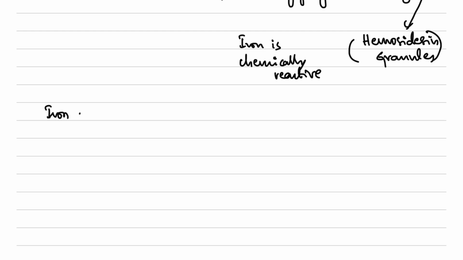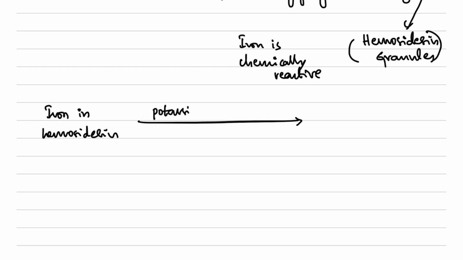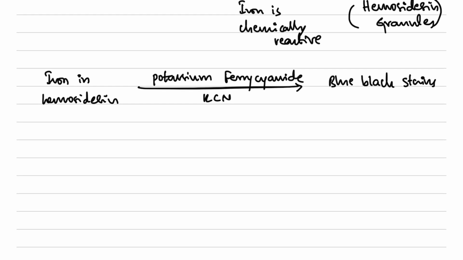What happens is iron in hemosiderin, when exposed to potassium ferricyanide, turns into blue-black stains, and this is the basis of Prussian blue stain. That is the importance of hemosiderin.